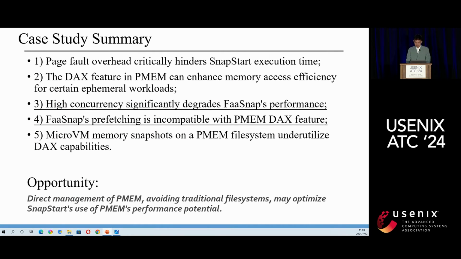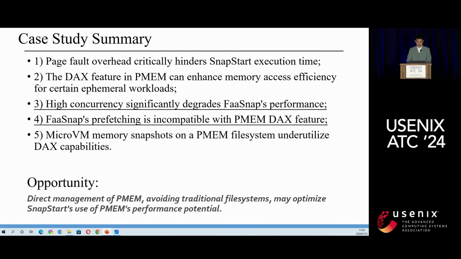These case studies reveal, number one, page fault overhead critically hinders SnapStart execution time. Number two, the DAX feature in PM can enhance memory access efficiency for certain ephemeral workloads. Number three, high concurrency significantly degrades FaaSnap's performance.